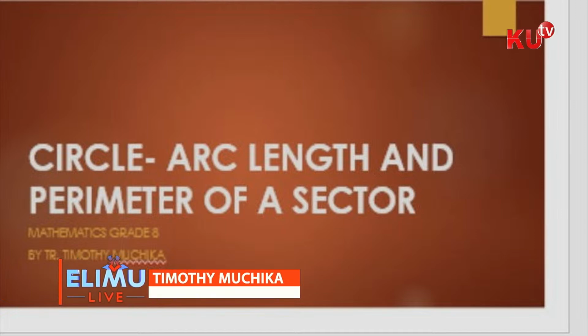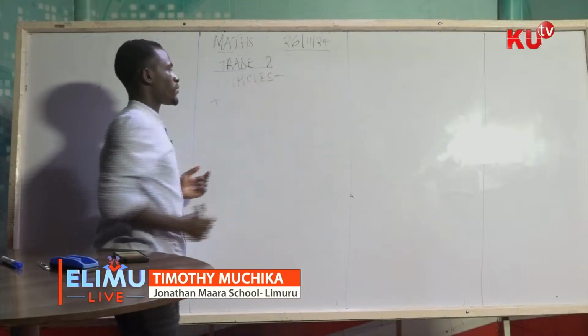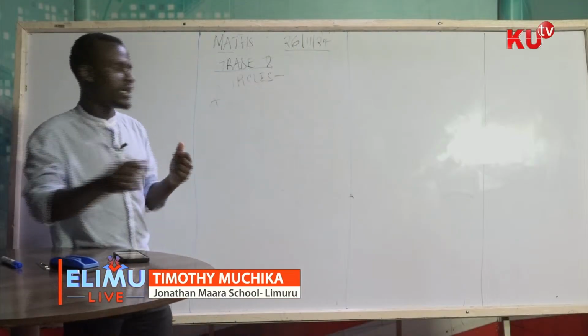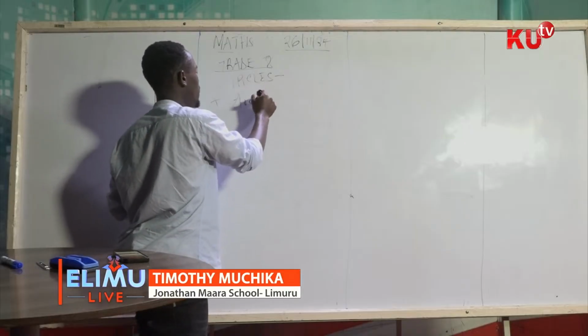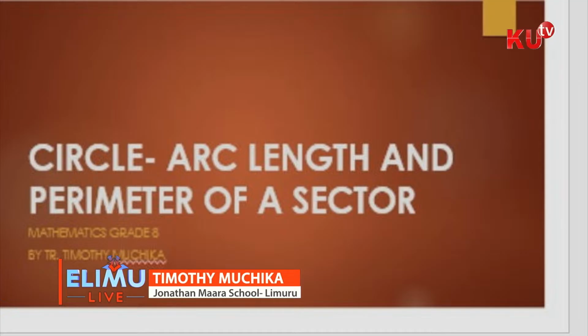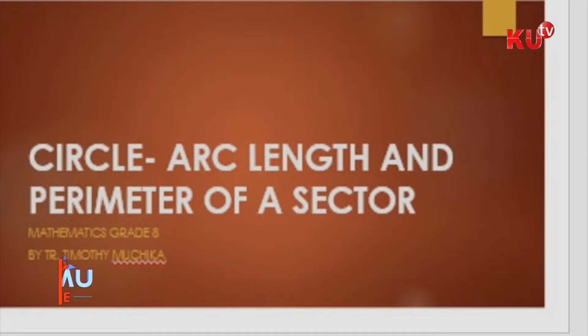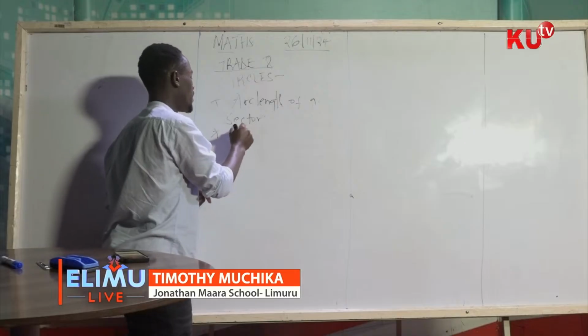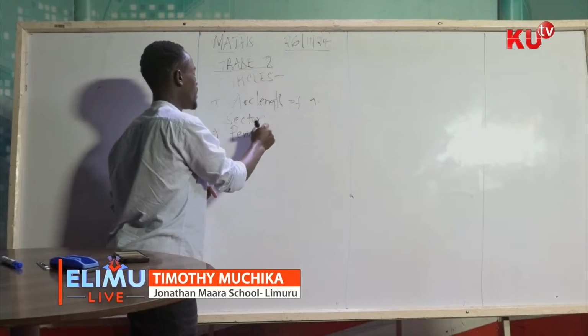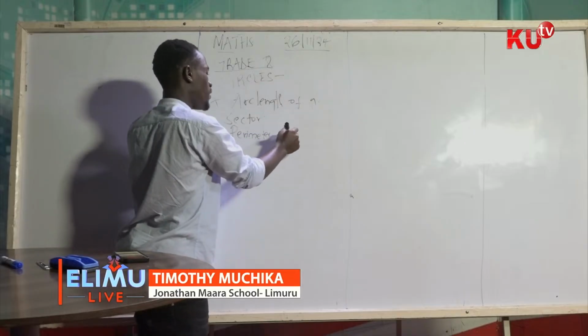We are going to look at two things today. Number one, the arc length of a sector, and also the perimeter of a sector.